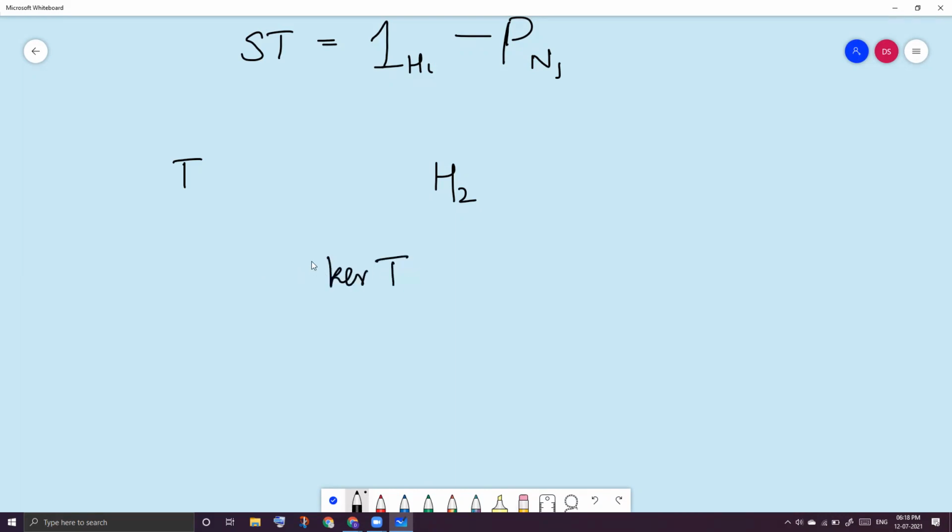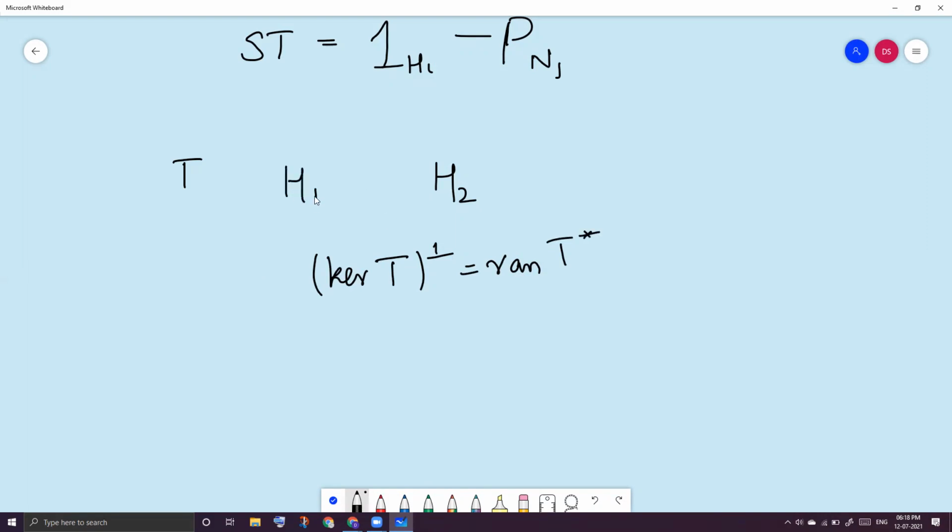This is because kernel of T is range of T star. And this is finite dimensional.